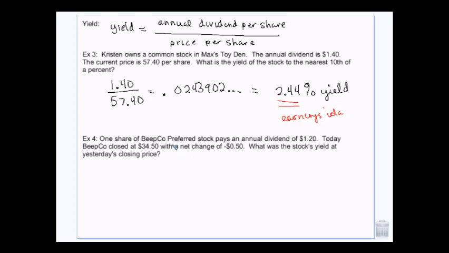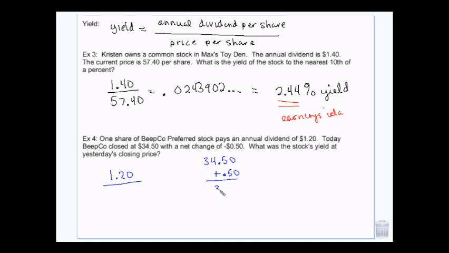Okay, here we have Beep Company with an annual dividend of $1.20. It closed at $34.50 with a net change of 50 cents. We want to know what was the stock's yield at yesterday's closing price. So if I went down 50 cents, yesterday I was up. So I want to add that 50 cents.